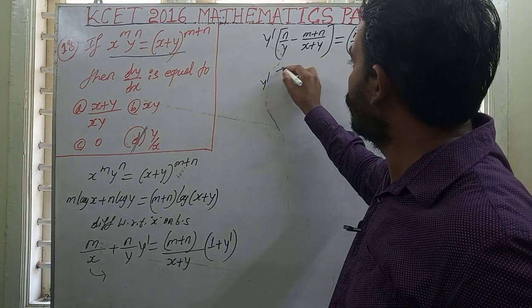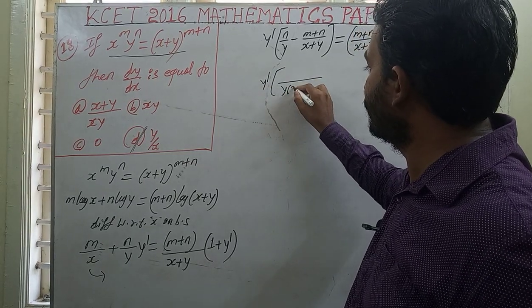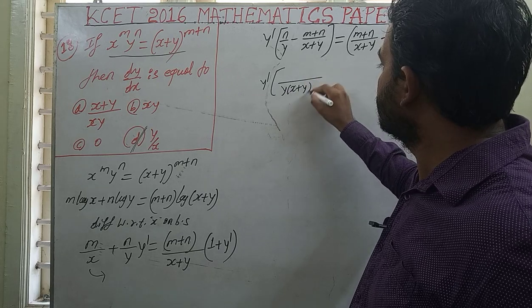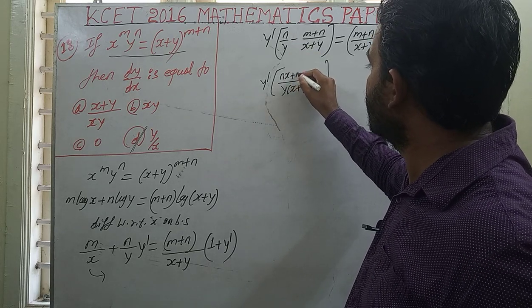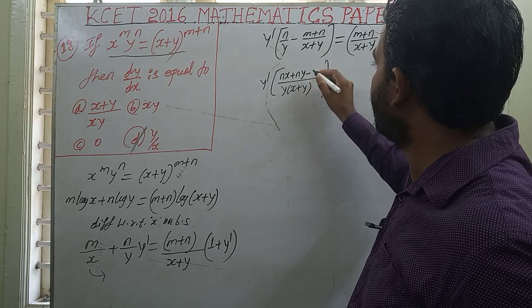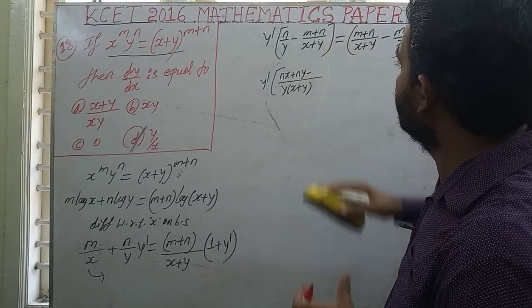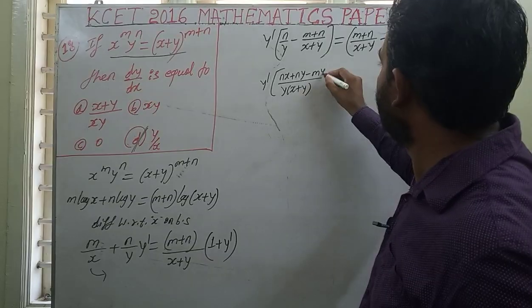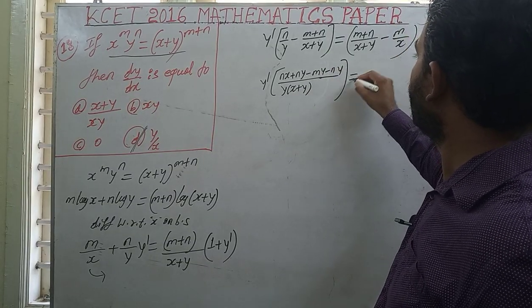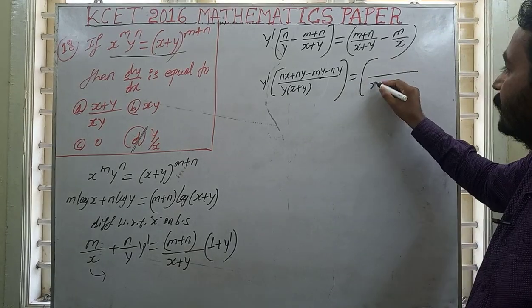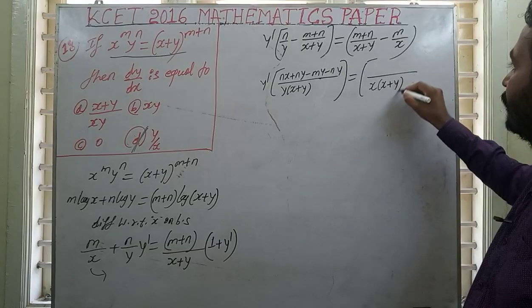Y dash is equal to, take LCM y into x plus y. Now simplify this: nx plus ny minus my minus ny.